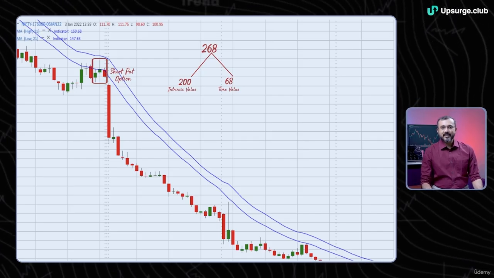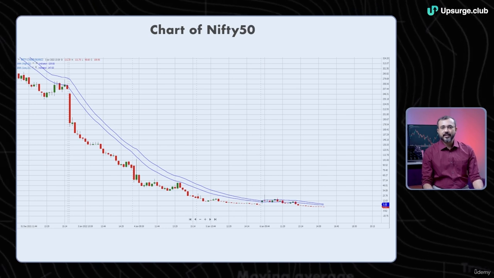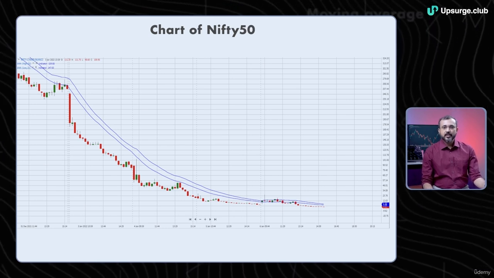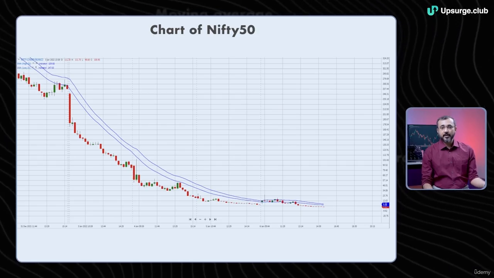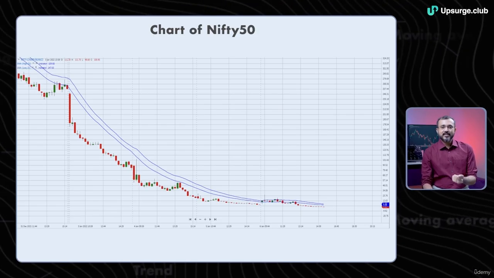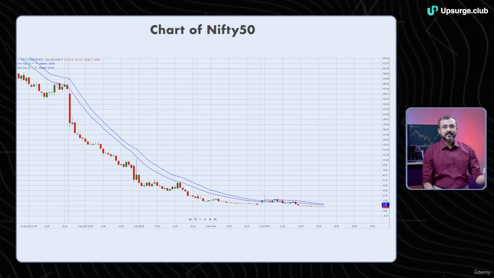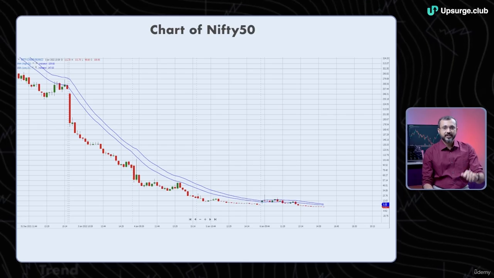Shorting 200 points in the money in the trending markets gives us a natural cushion of theta, which is 68 points. So at the end, our intention is to make 268 points, the extrinsic and intrinsic value of that premium. We are not just making 200 points, which is the directional move, plus we are making the theta, which is 68 more points.